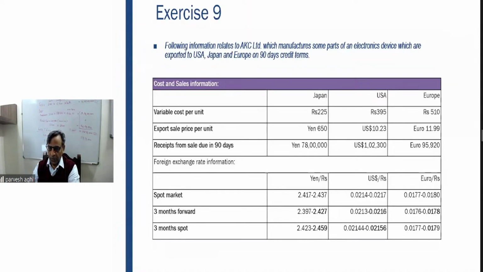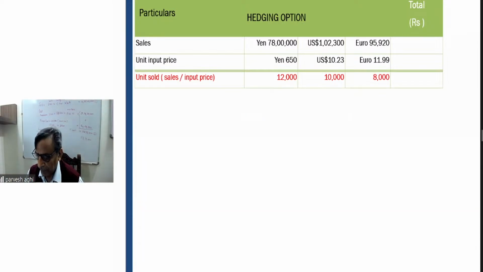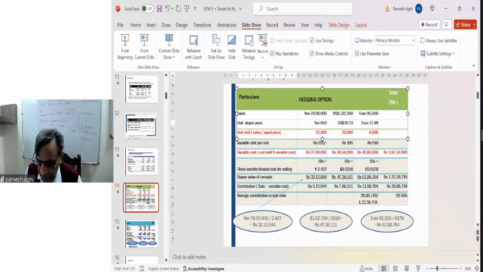So variable cost per unit and export sales price per unit. Okay, so this is export sales price per unit. 650 is the sale price, right? And 10.2 is the sale price. So this is the sale price.